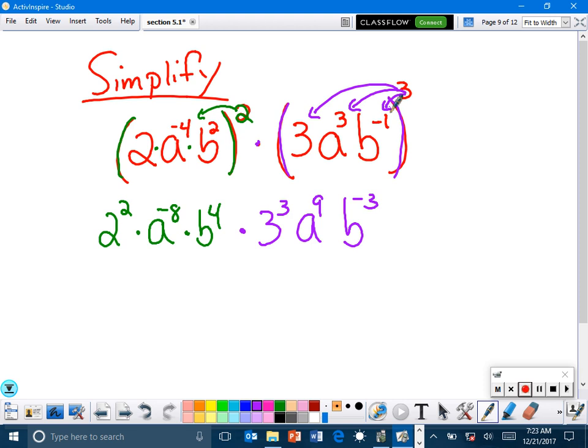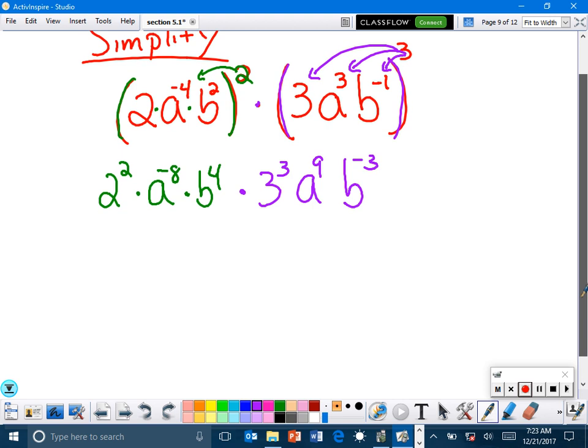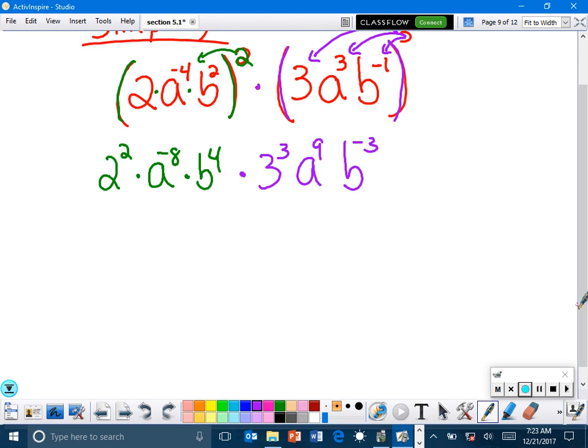All right, now, I've got a lot going on here, so I'm going to use my product properties. First of all, 2 squared becomes 4, and 3 to the 3rd becomes 27. Now, I'm going to multiply those two together.